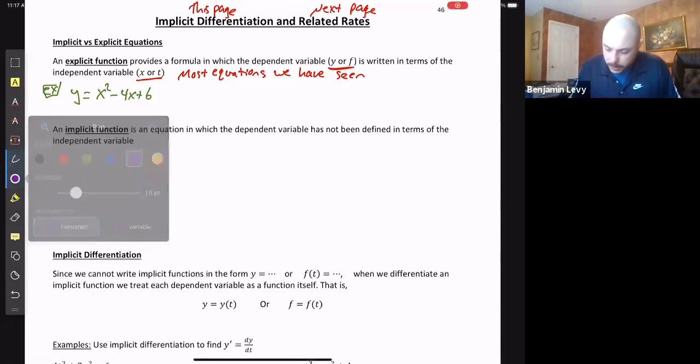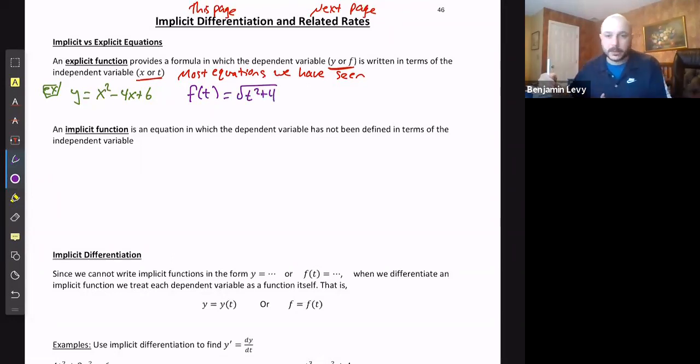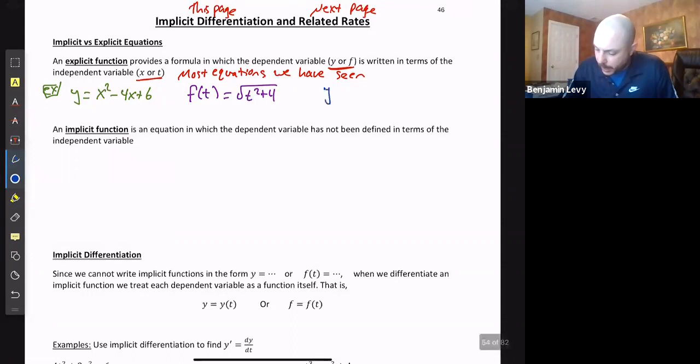Or how about some f function? Sometimes you write the dependent variable as f. So f of t equals square root of t squared plus 4. The f is on one side, the t is on the other side. Or we can do y and t as well, something like y equals t squared minus 1 over t squared plus 1.